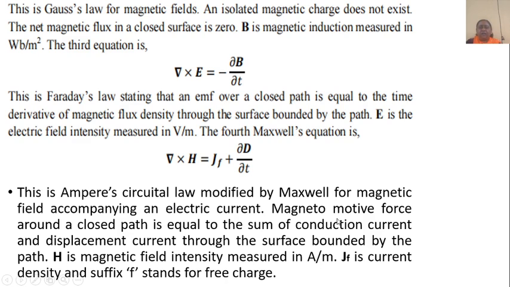Magnetomotive force around the closed path is equal to the sum of conduction current and displacement current through the surface bounded by the path. H is magnetic intensity and it is measured in ampere per meter. Jf is current density and suffix F stands for free charge.